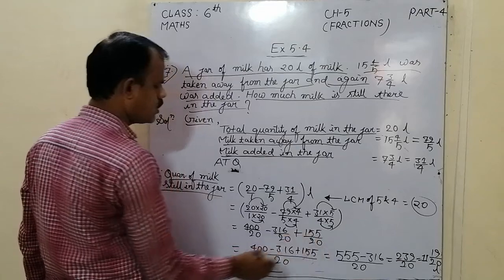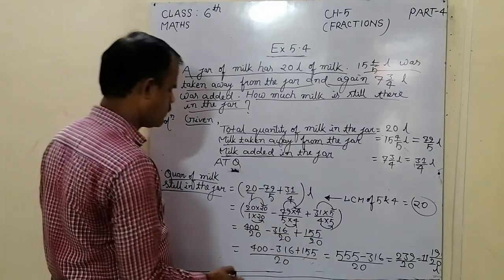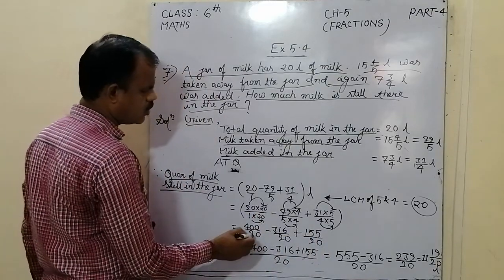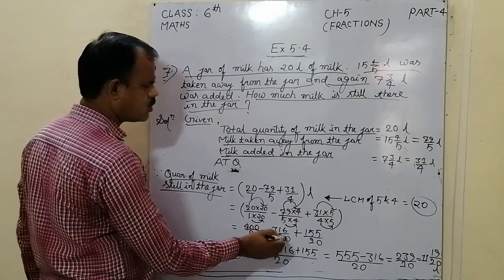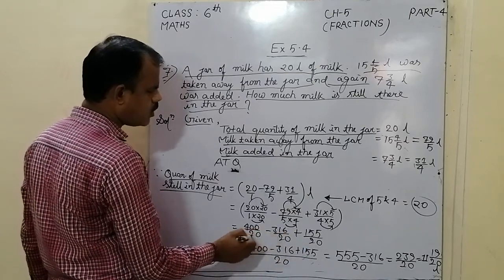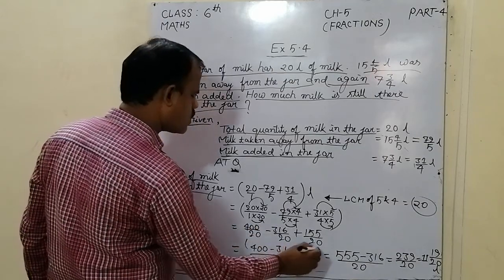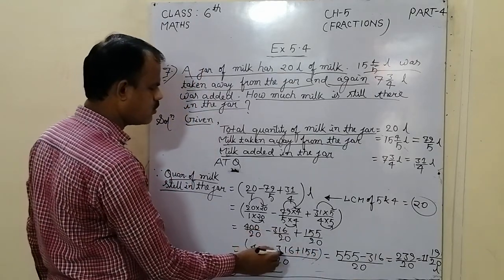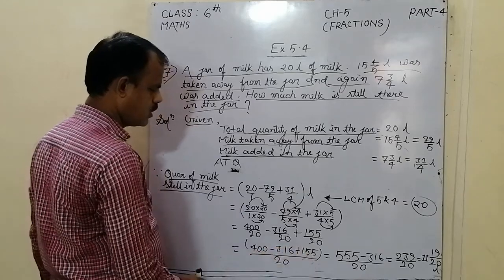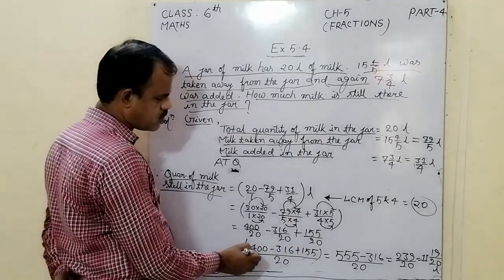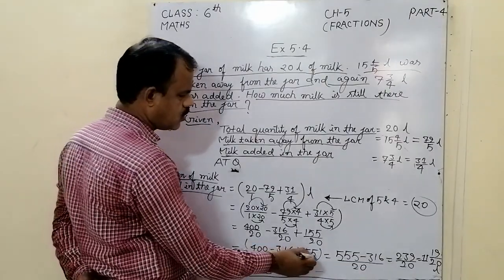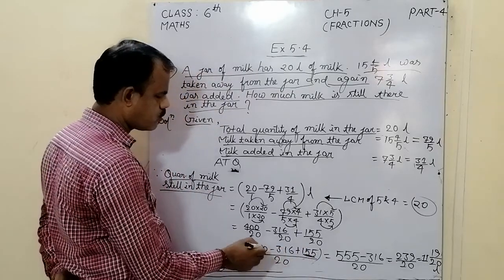4 times 5 is 20. Now it becomes like fractions because denominators are same, 20, 20, 20. So LCM of 20, 20, 20. Now write the numerator in the numerator place, that is 400 minus 316 plus 155. Now students, look here, this 400 is positive, 155 is also positive.